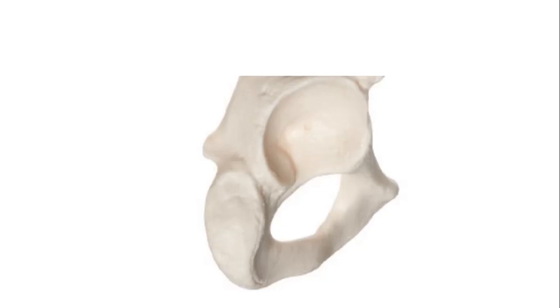Now the attachments on the ischial tuberosity, as I have told you: transverse ridge, then oblique ridge, and longitudinal ridge.